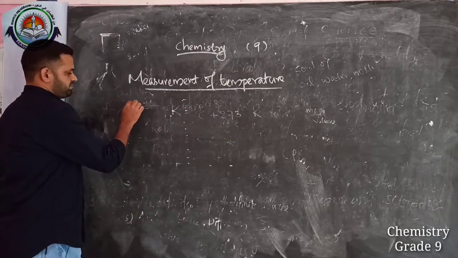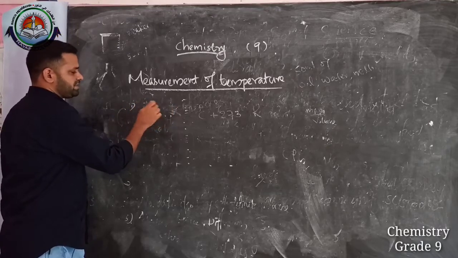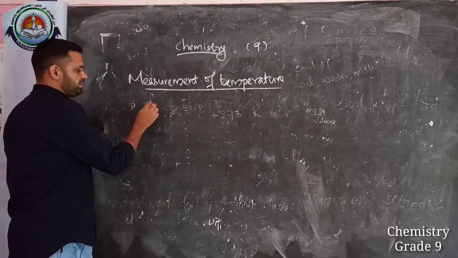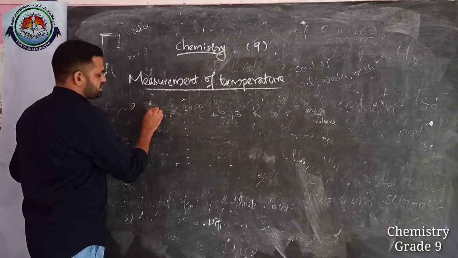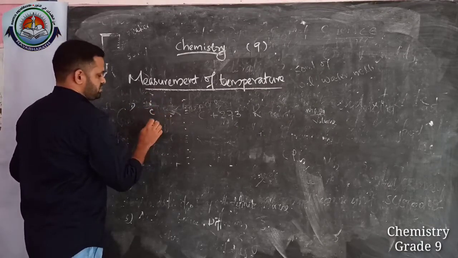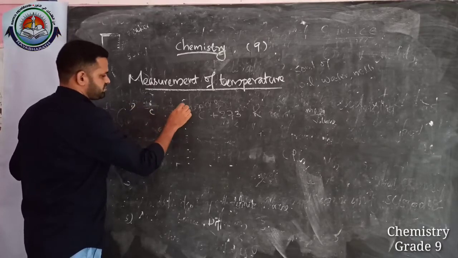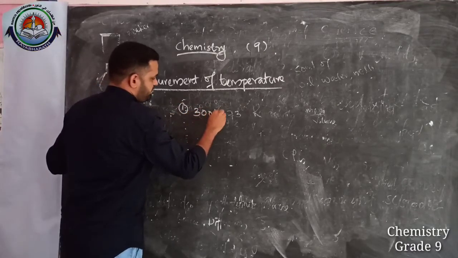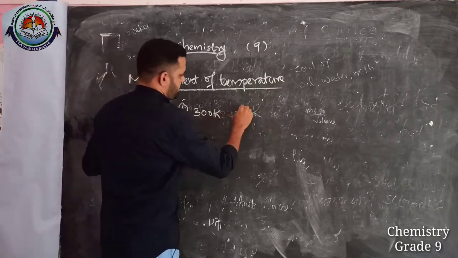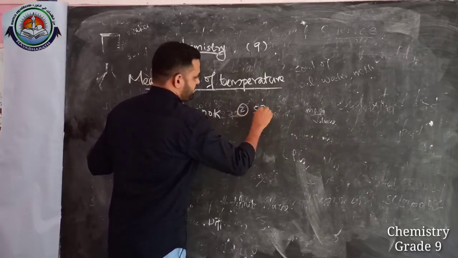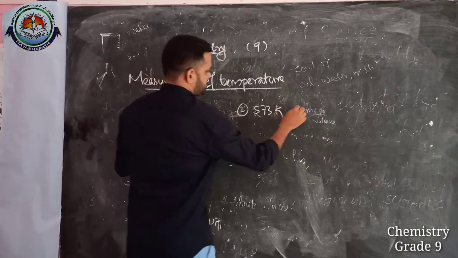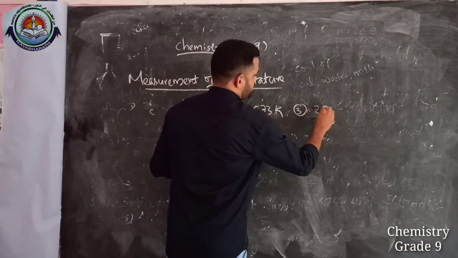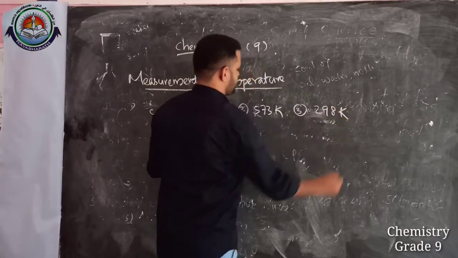The first question: convert the following temperatures into degree Celsius. The first one is 300 Kelvin, the second one 573 Kelvin, and the third one 298 Kelvin.